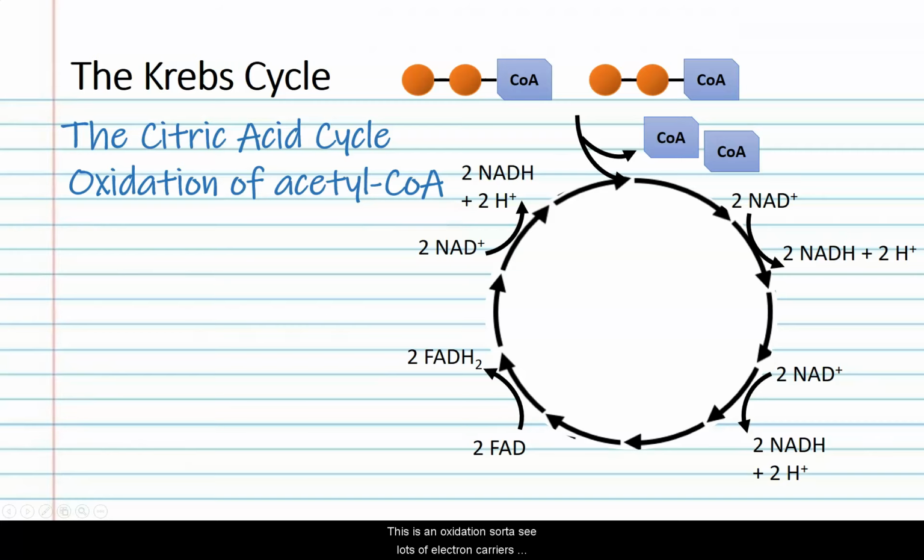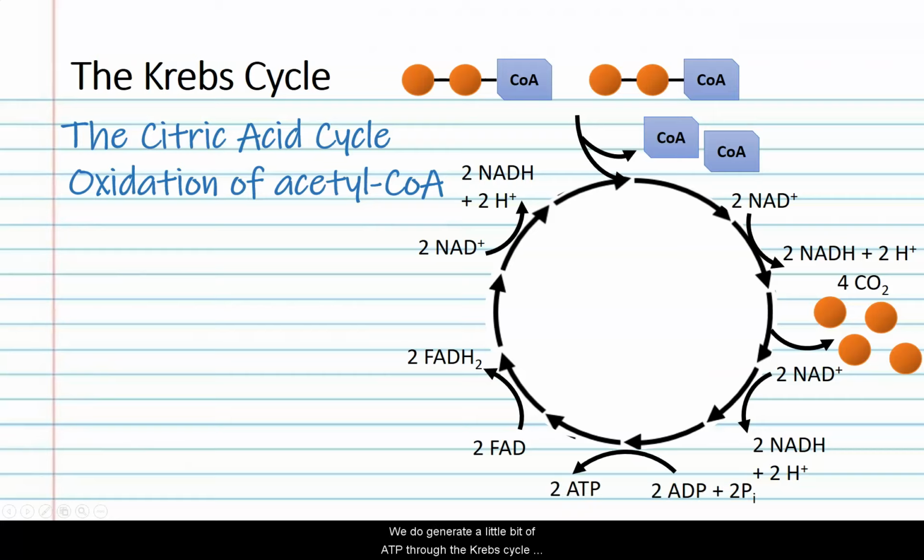This is an oxidation, so we're going to see lots of electron carriers involved in the Krebs cycle. You have 6 NAD being reduced to form NADH, and you have 2 FAD picking up electrons and becoming FADH2. As we oxidize the acetyl groups, we release the carbon in the form of carbon dioxide.